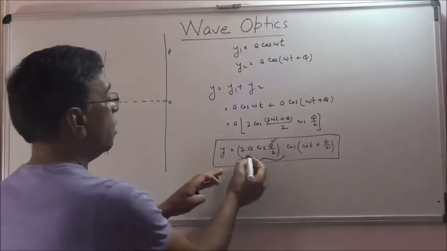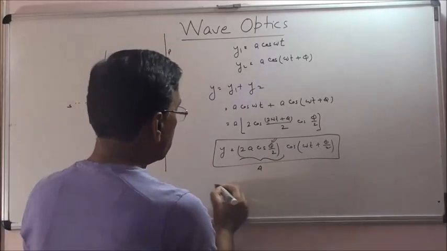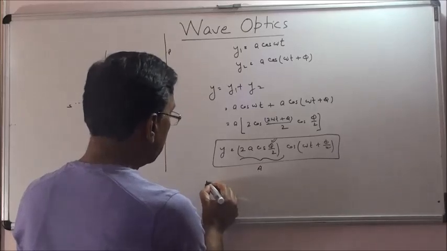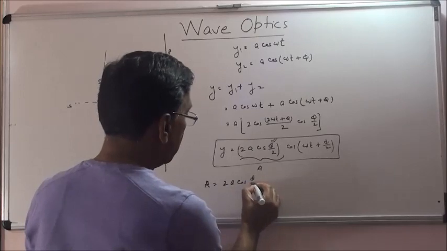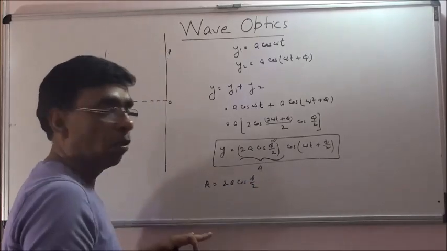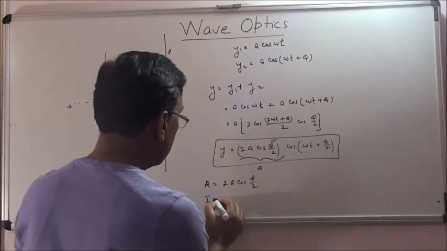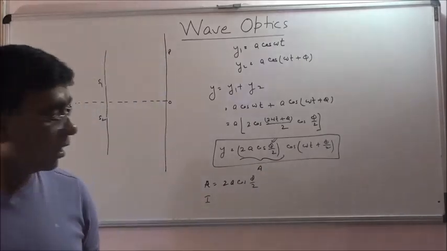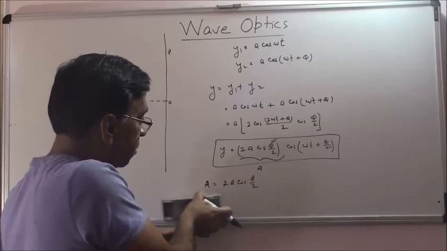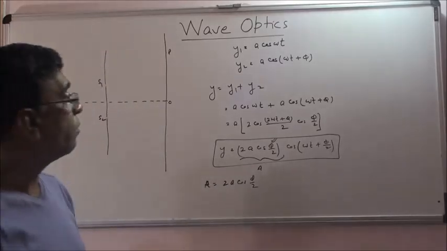So let us see. This is the amplitude: 2A cos phi by 2, or intensity, the square of it. Okay, let's first do the amplitude part. 2A cos phi by 2.